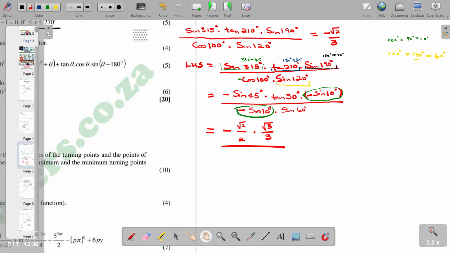So here we are getting root 3 over 2. This now can be written as minus root 2 over 2 multiplied by root 3 over 3. The over means divide.